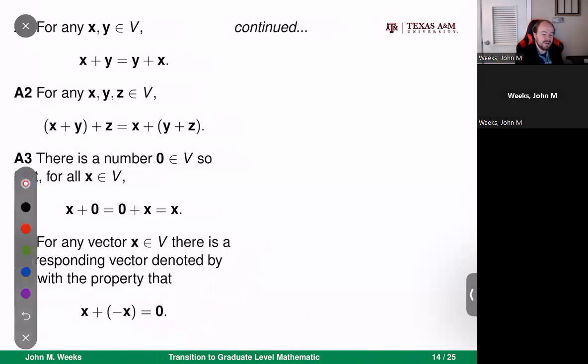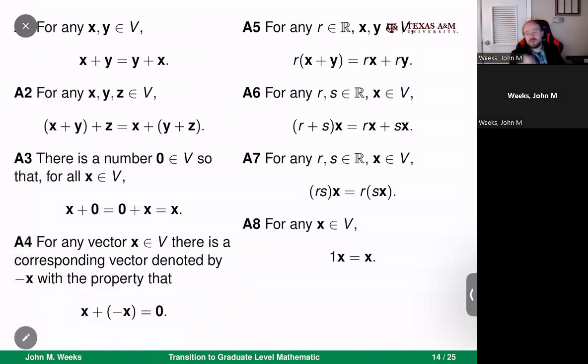Now, this continues to the next 4 axioms, which talk about how scalar multiplication gets to come in here. The first 2 we might be familiar with as well. These also give us something that's kind of familiar to talk about. These are both kind of the same sort of idea of the distributive law or the distributive property.